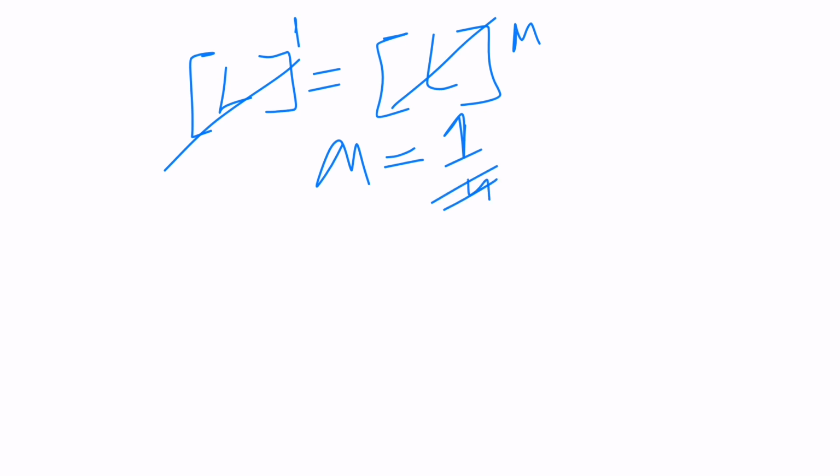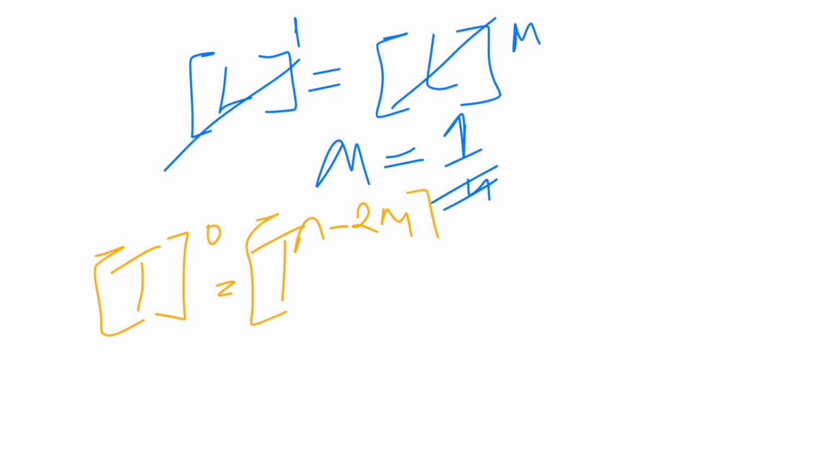Now we go to the t. So t, we said t to the power 0 is equal to t to the power n minus 2m. Yes, that's what we had. Now, what should we do here?